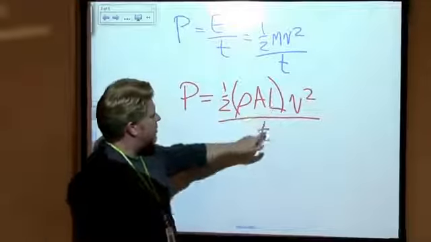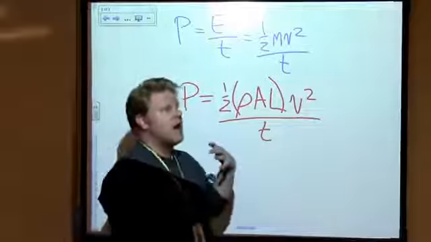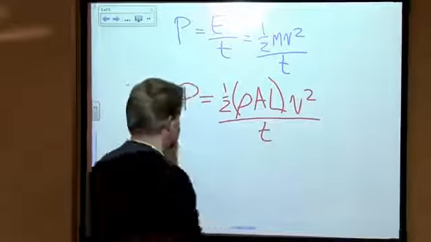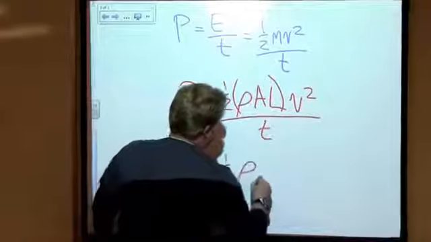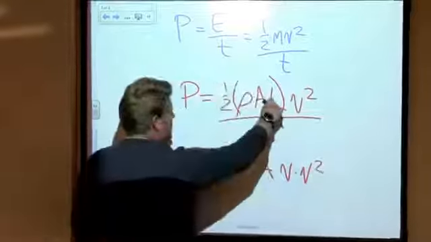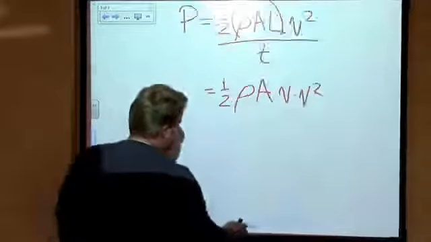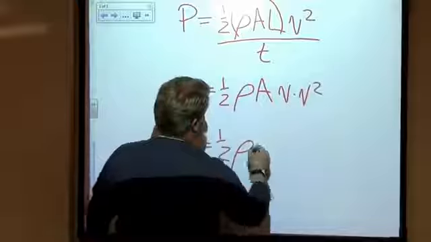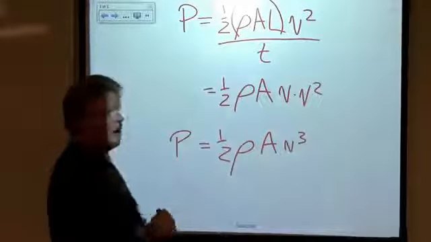Well, if I look at this, I recognize that a length per unit time, a mile per hour, a meter per second, well, that's also a velocity. So I can rewrite that as 1/2 the density times the area times the length divided by time, which is a velocity, times this other velocity, which allows me to say that the power is equal to 1/2 times the density times the area times the cube of the velocity.